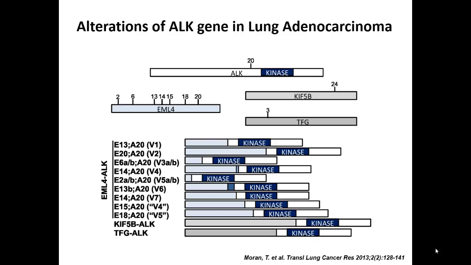Most common is the EML4 protein, but also other growth factors and the KIF5B protein could be fused to ALK. And here, to refresh your molecular biology, you say, wait a minute, there's no mutation in the kinase domain. What happened here is simple, brute force of overexpression.